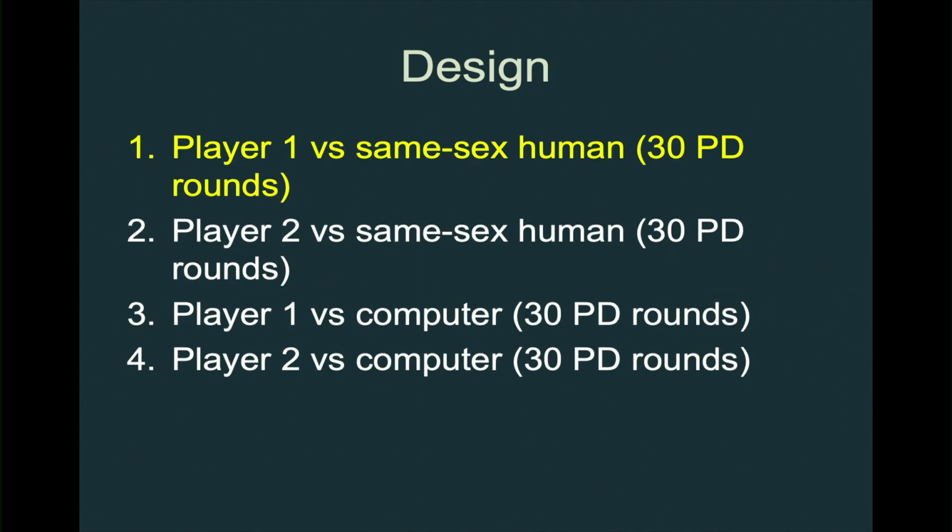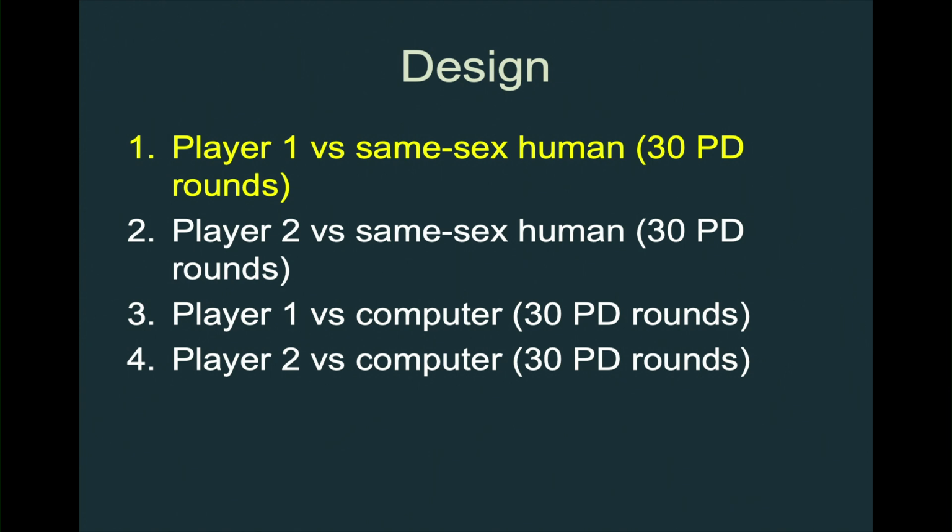So today I'm just going to talk about the session in which the participant is playing in the role of player one, or first mover in the game, against a same-sex human partner, and they play 30 consecutive rounds of the game. They're led to believe they're playing with a same-sex human partner.